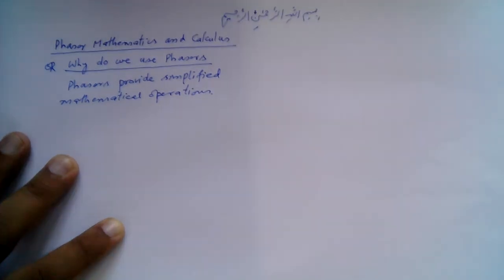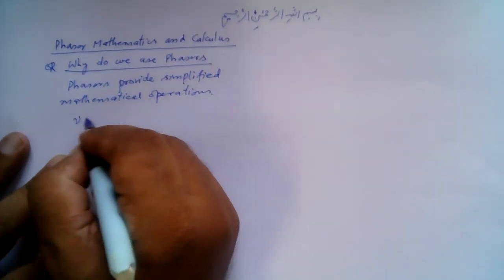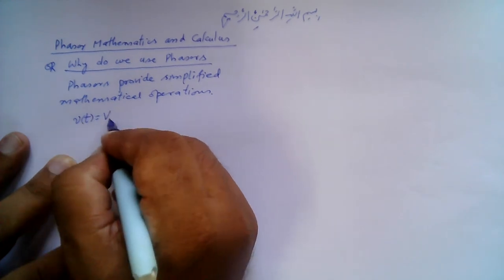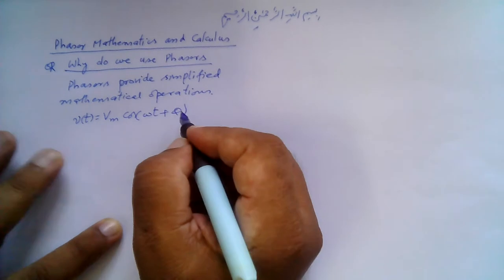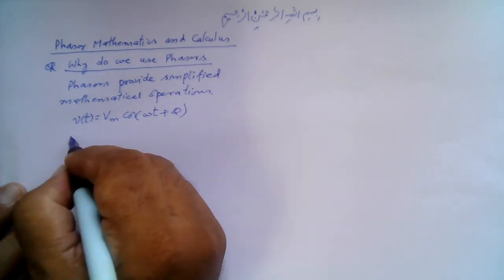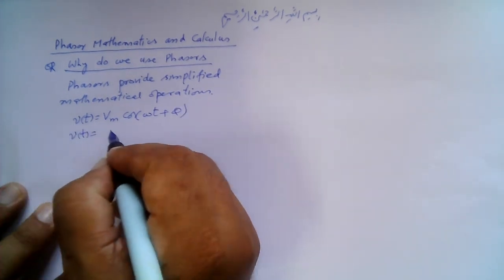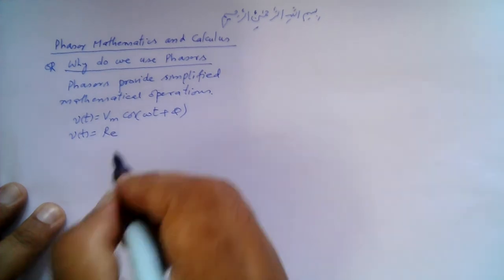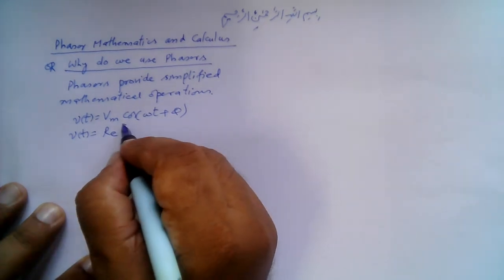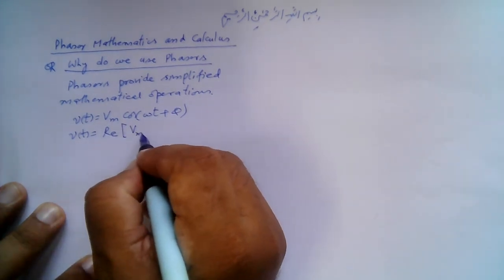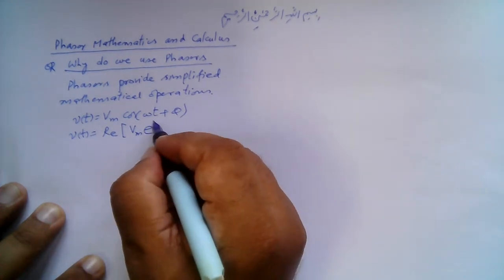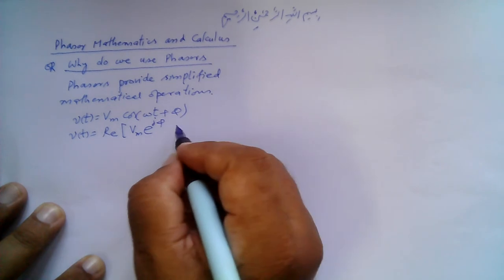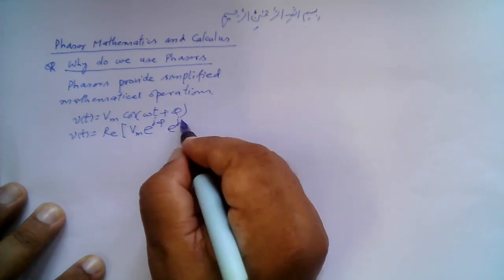So, for example, consider this sinusoid here, v of t is equal to Vm cos(omega t plus phi). As we know, this can be represented using the real part of a complex number, Vm e^(j phi) e^(j omega t).